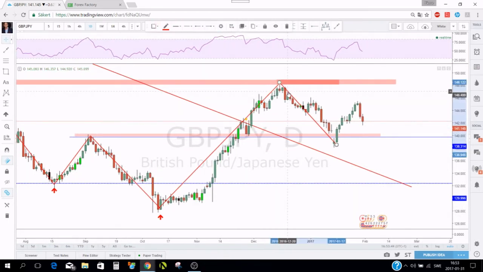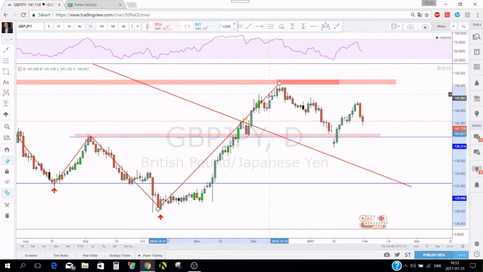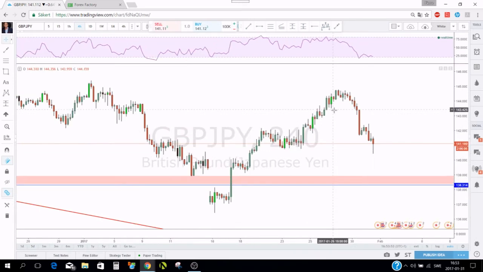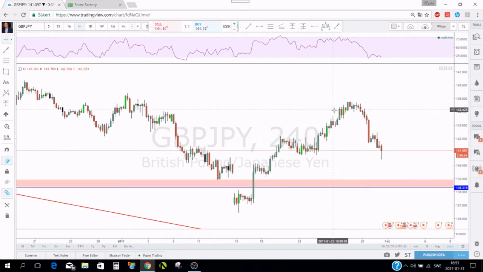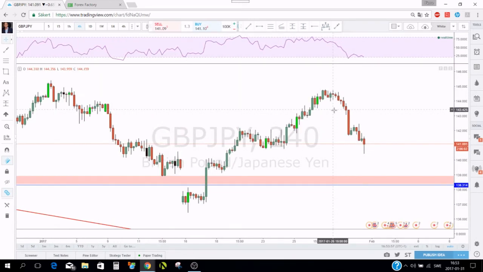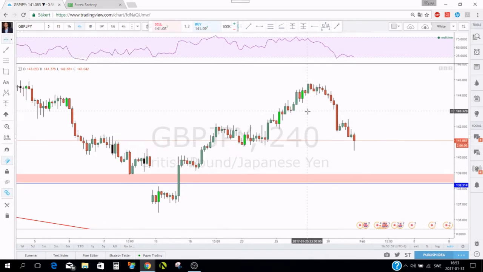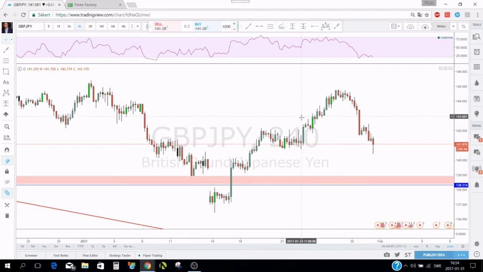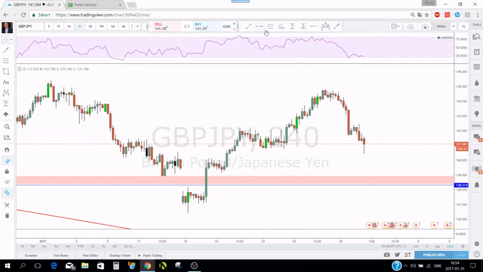So what we have on this one, if we go back and say why I'm interested at the moment, we've been talking about an AB equals CD situation, as I said before, and let's get this Fibonacci retracement from this low.